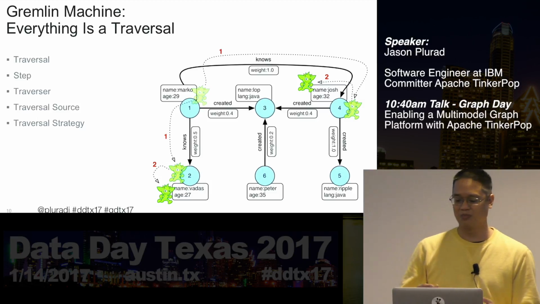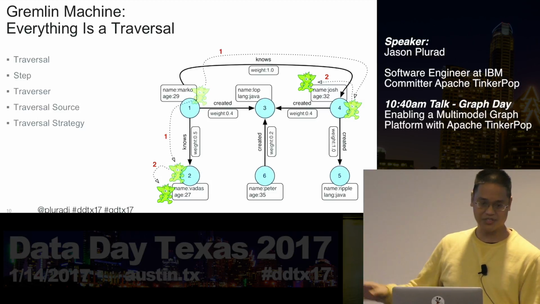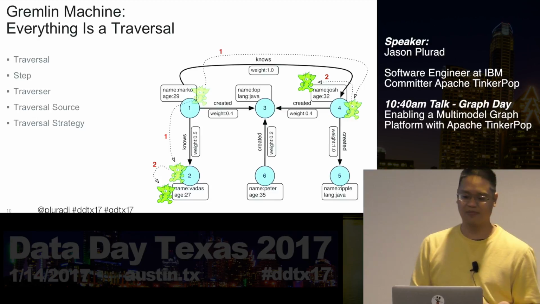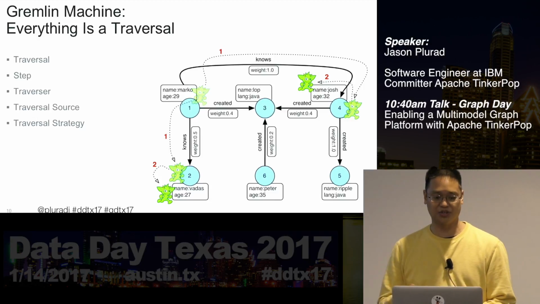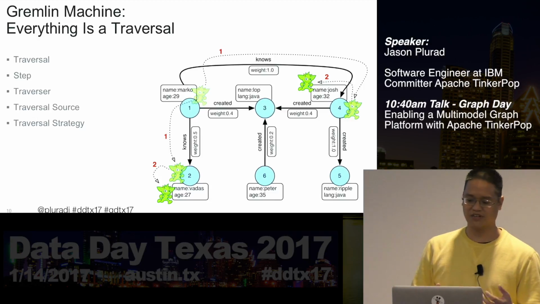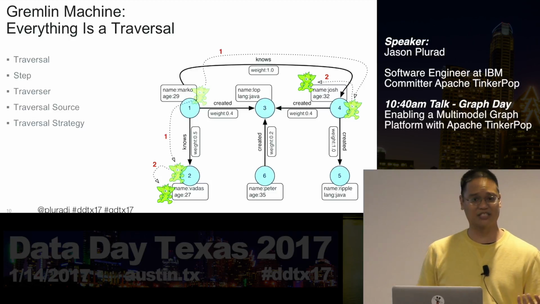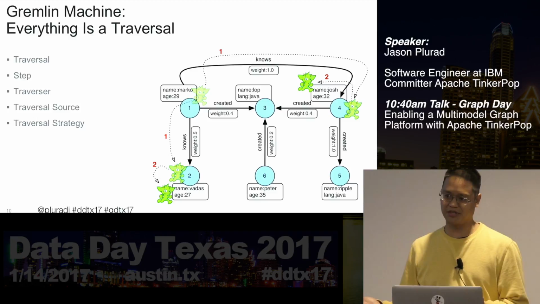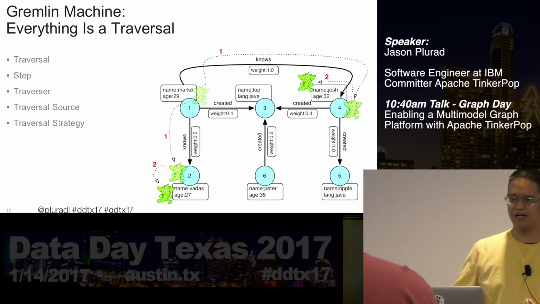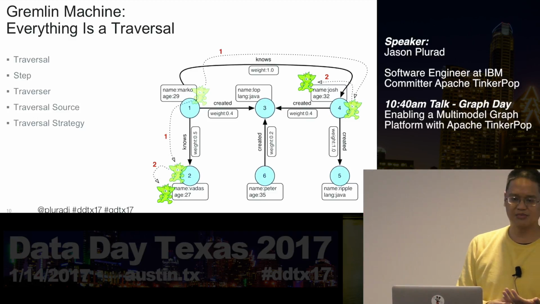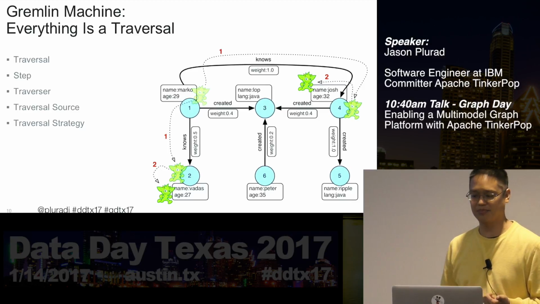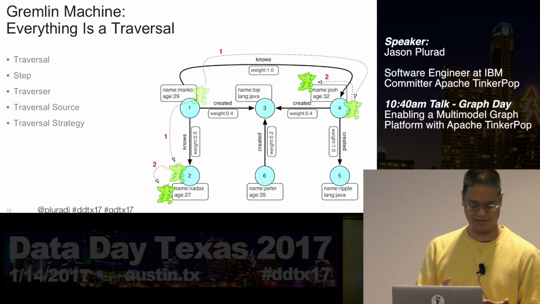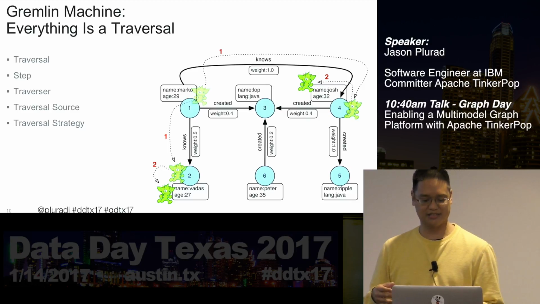Steps are the computation logic as you go through a traversal. You define steps, and what a step does is it takes in one object and can transform it into something else. As we step through a graph, there are 5 different types of steps. You've got a map step, a filter, side effects, and some others.